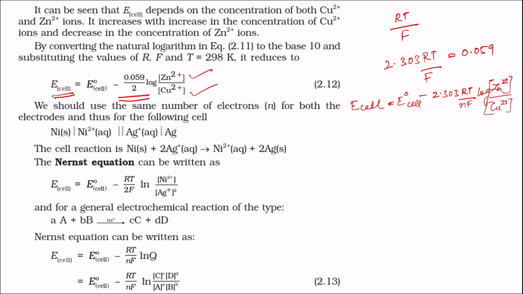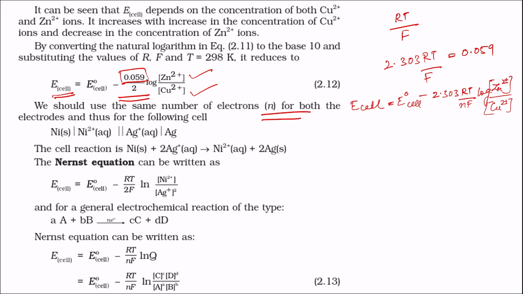Now the value of 2.303 RT by F is 0.059 and the value of n is equal to 2. So the equation becomes: EMF of the cell is equal to standard EMF of the cell minus 0.059 by 2 log concentration of zinc ions divided by concentration of copper ions.